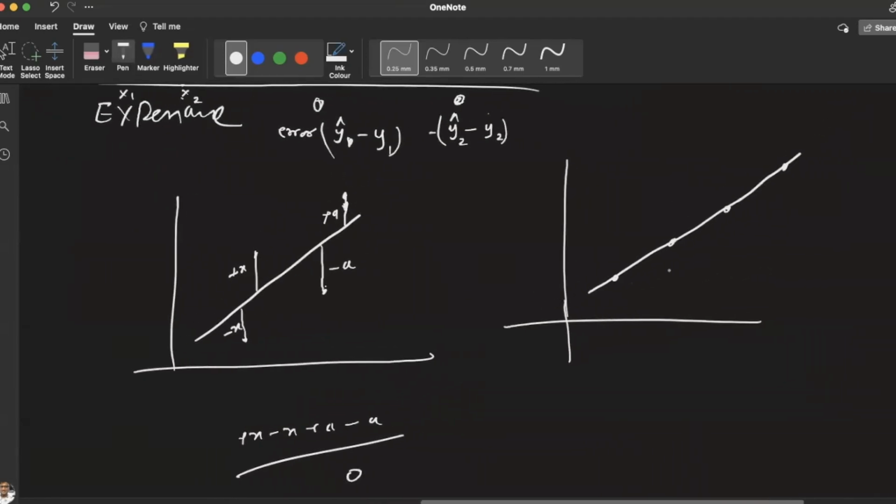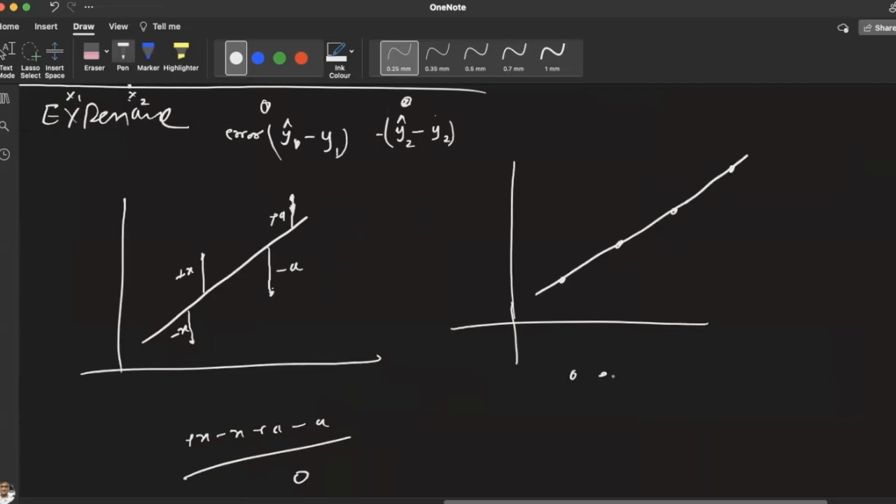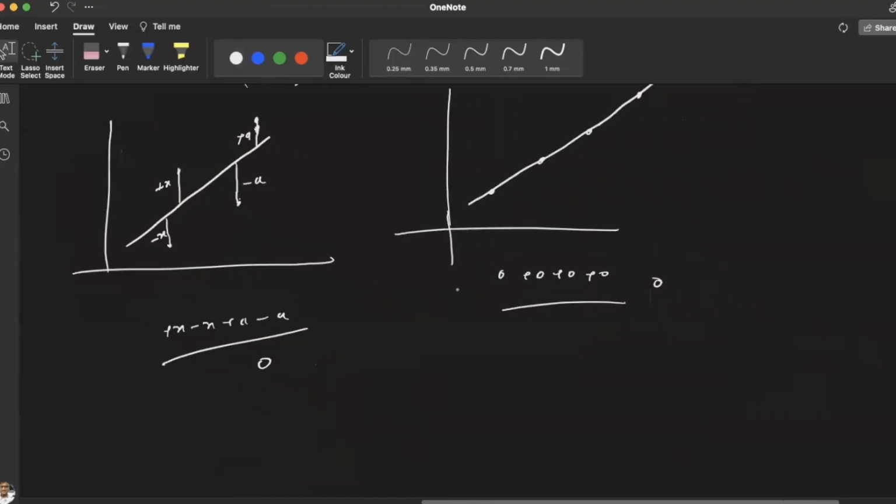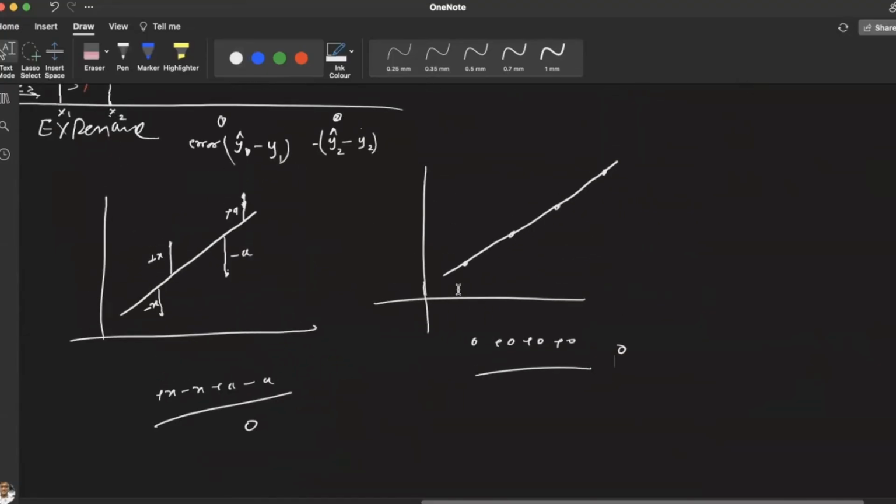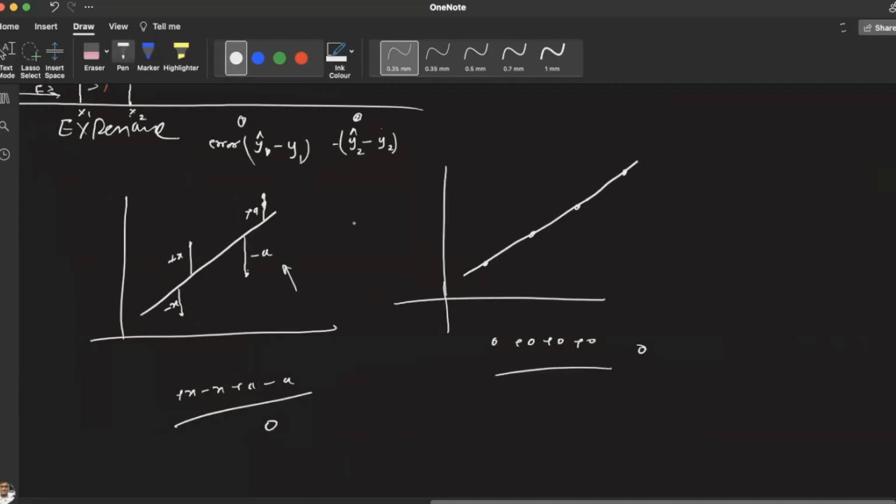And if you calculate the error in this formula with this, 0 plus 0 plus 0 plus 0, it will also be 0. So in both cases, we have 0 error. But which one is a better model? This or this? Let's say 1 or 2. 2 is a better model because it is following the data much better, and it truly has the least error, because this is actually a wrong formula we are using in here.